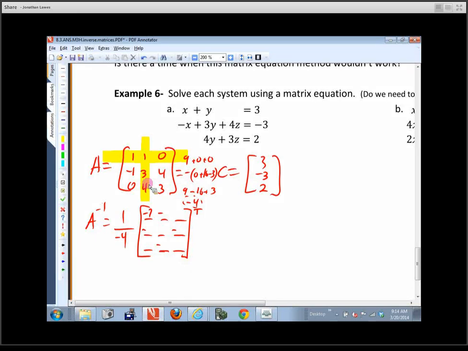However you find those minors, just be careful and you'll get them right. Negative 3, 0. So I'm going to write down a minus 3, right? So this is a positive 3. Negative 4. 0.